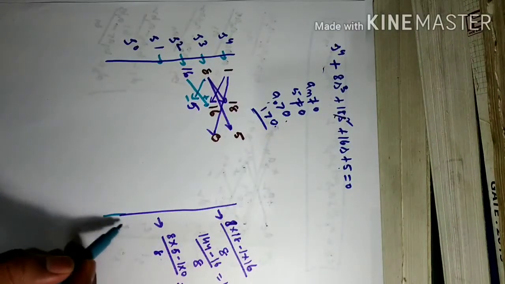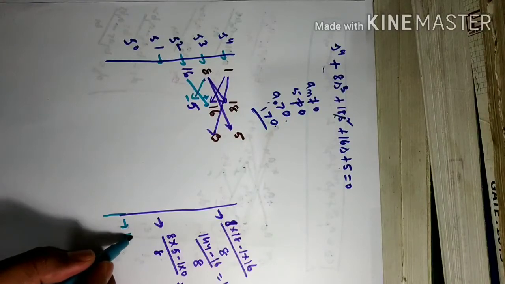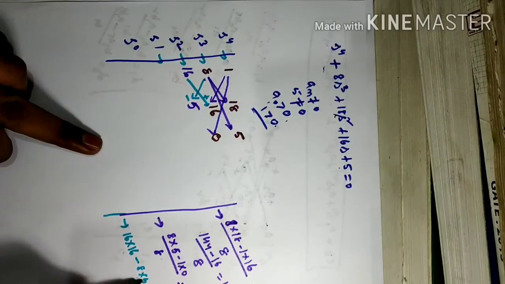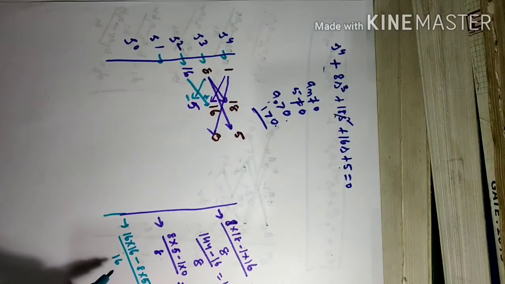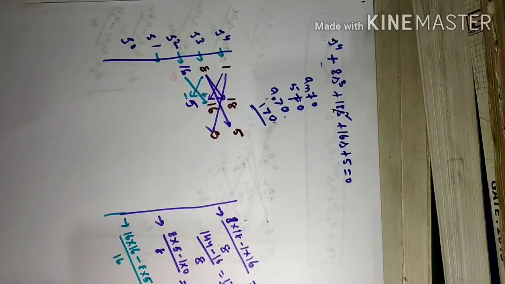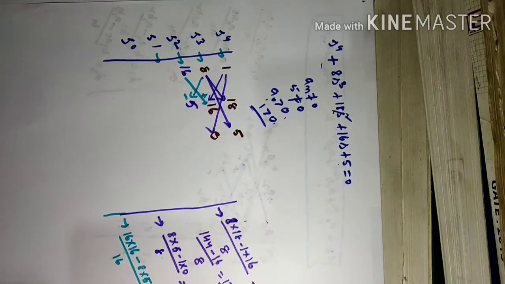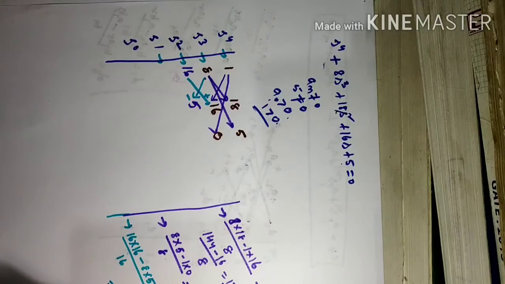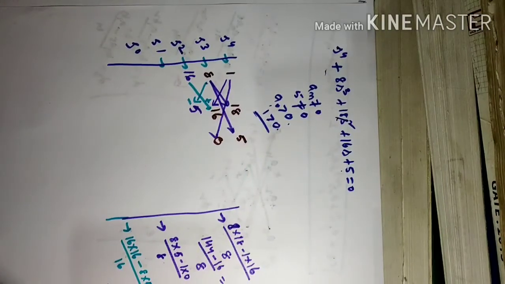So what you get here: 16 into 16 minus 8 into 5, divided by 16. 16 into 16 is 256, minus 40, by 16. So 216 by 16, how much will you get?